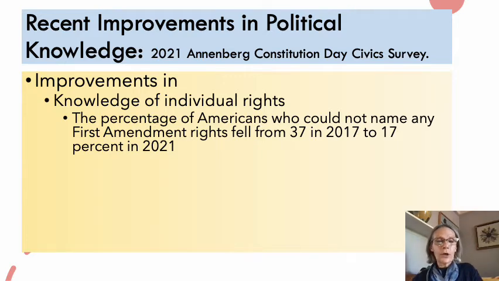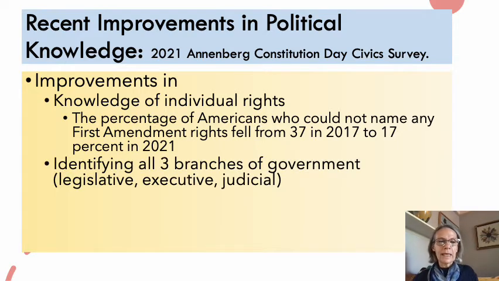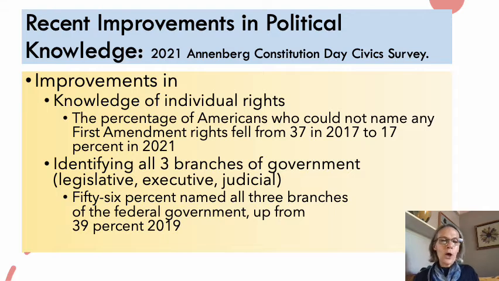So that's a really good improvement. People are more aware of what's in the First Amendment. We've also seen an increase in those able to identify all 3 branches of government. Today, 56% of people in the United States can identify all 3 branches of the federal government, and that's up from 39% in 2019.